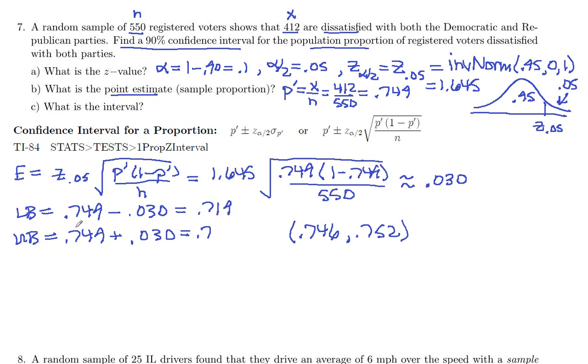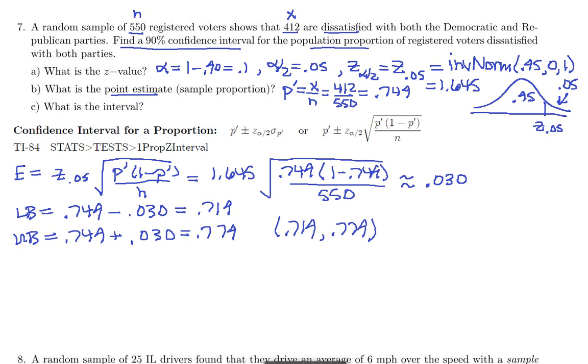And then 0.749 plus 0.03 is 0.779. So 0.719 to 0.779. That's what you get for doing math in your head, huh? There we go. So we're 90% confident that the true population proportion is between those.